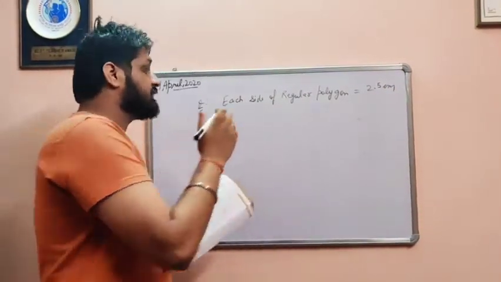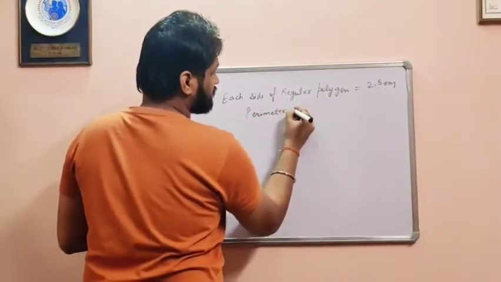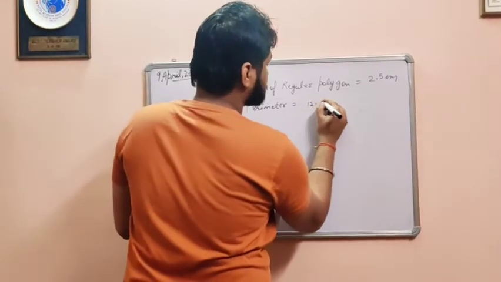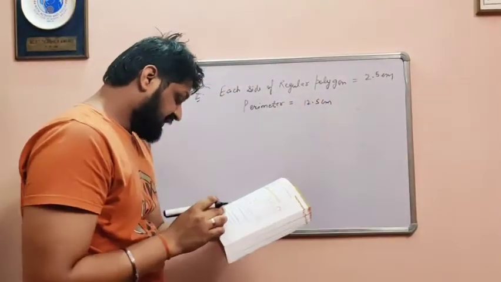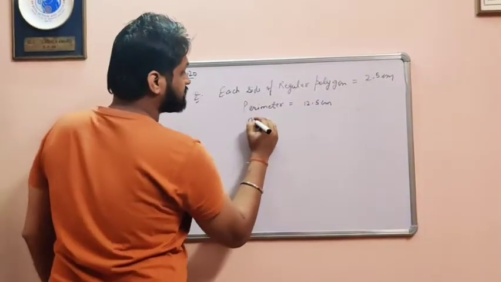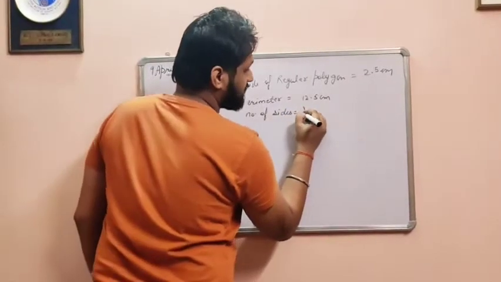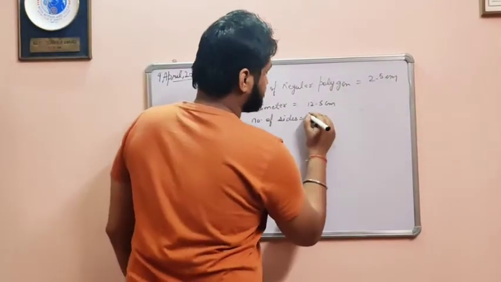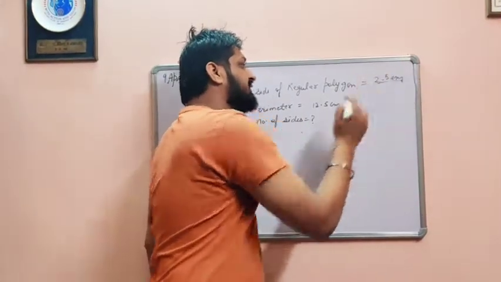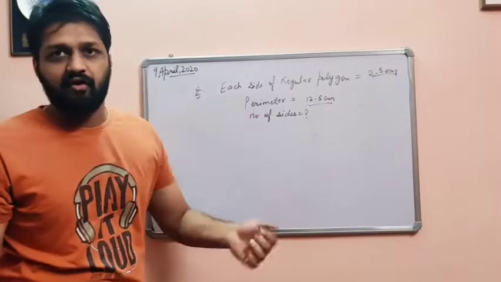The perimeter of the polygon is given, 12.5 centimeter. We have to find the number of sides. So how will we find this? Each side of regular polygon is given 2.5 centimeter. Perimeter is given 12.5 centimeter, and we have to find the number of sides.